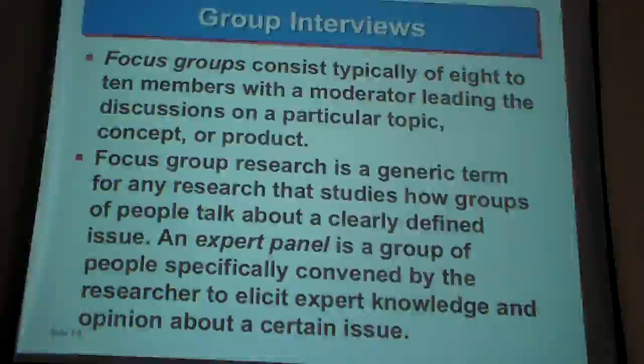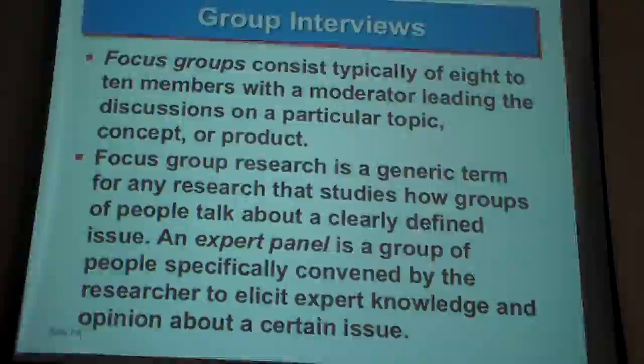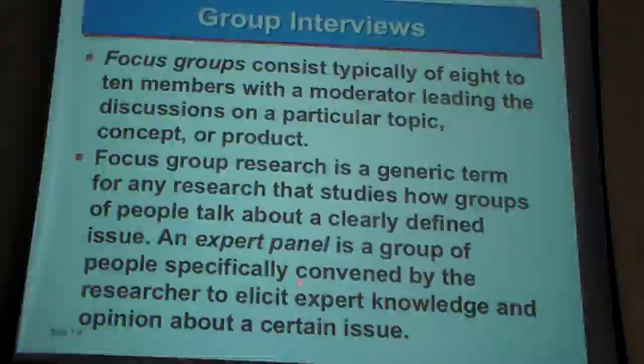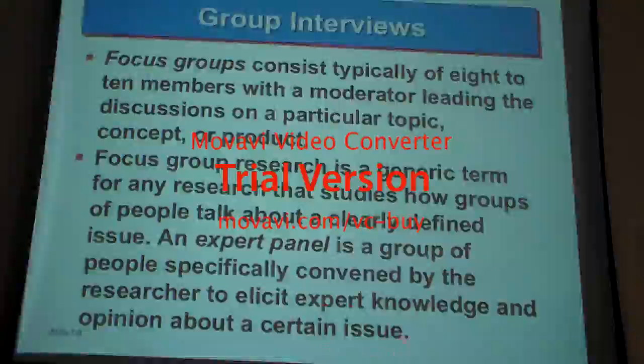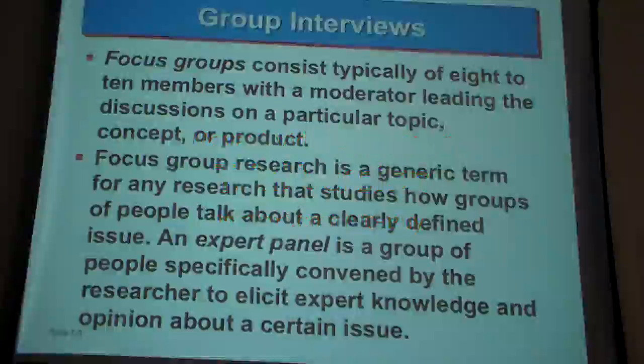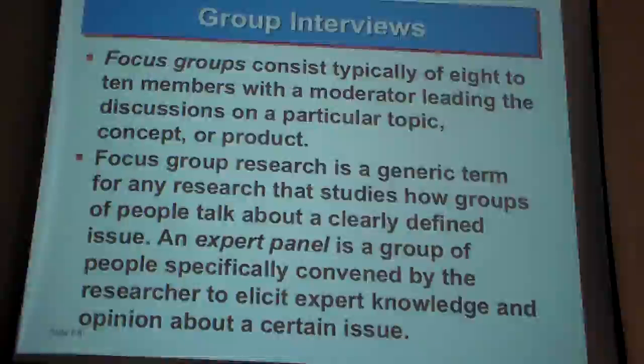You make a group of experts and let them discuss a certain issue, and then the researcher just takes their opinion about this issue.